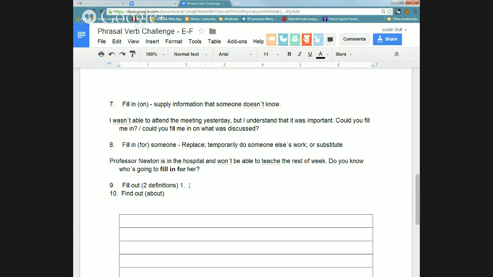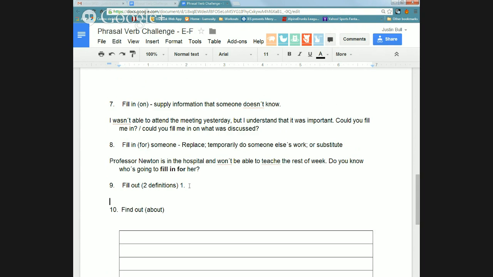And there's another definition. I'm going to give you the example to make it a little easier. The first is complete a form. The other one, gain weight.